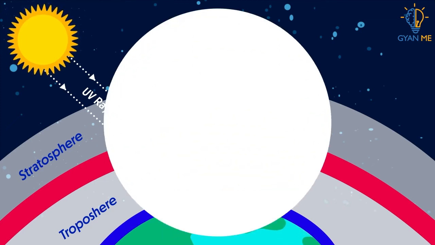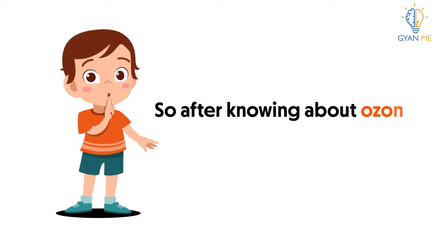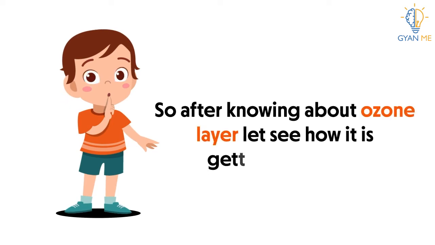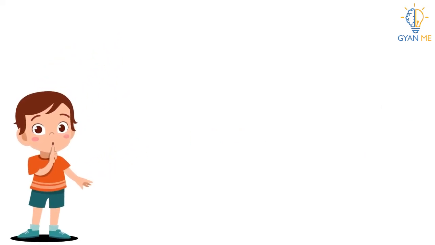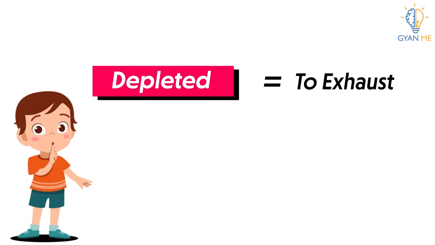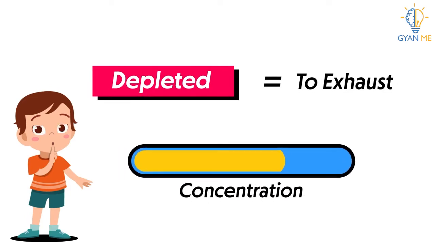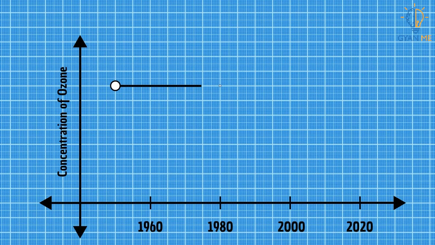So now students, after knowing about ozone layer, let's see how it is getting depleted. Students, note one very important point: here the word depleted means to exhaust, to get lesser and lesser in concentration. Well, it all started from the 1980s.